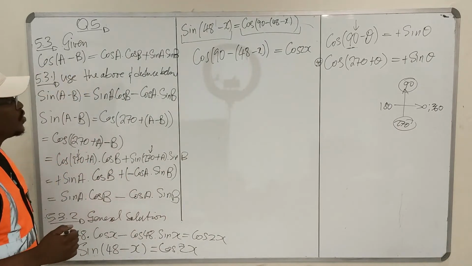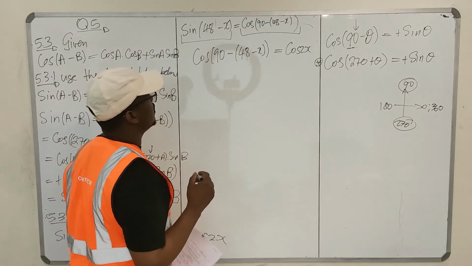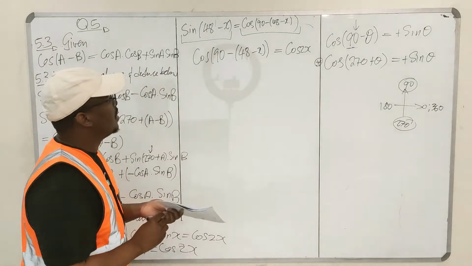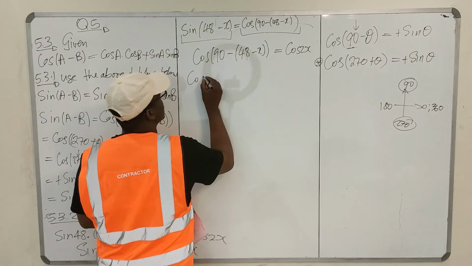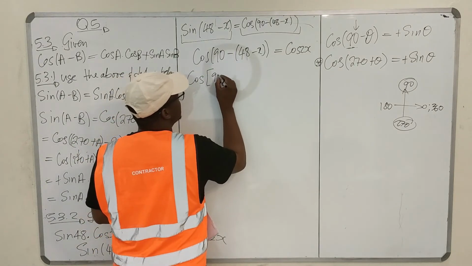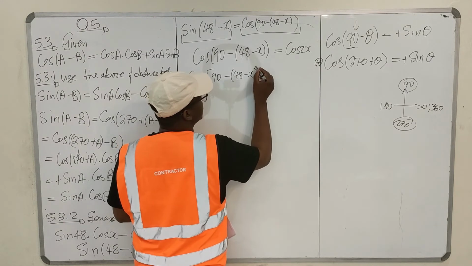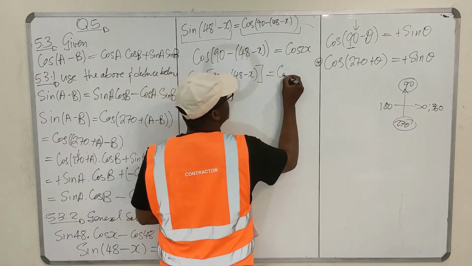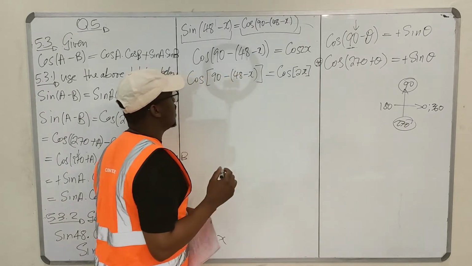Right? What do we do from here? We can simplify. Actually, we don't have to go that far. What we can say is we have cos 90 minus 48 minus x equaling cos 2x, right?